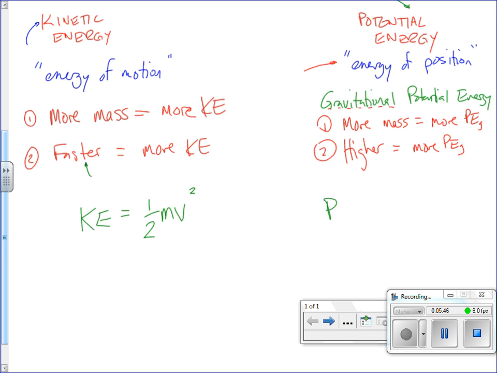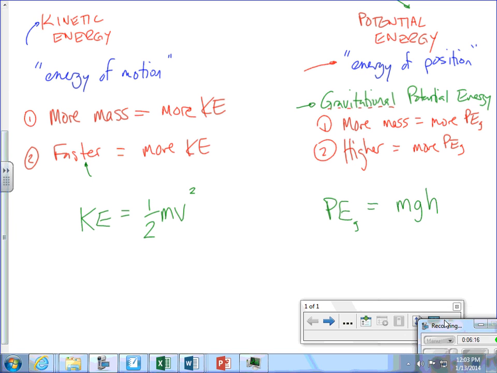We say that PE, with a little subscript G there for gravitational, well, deals with m, and h, well, and g. Because, right, it's about gravitational potential energy. So we use acceleration due to gravity. Or, what you've heard me say before, this is actually gravitational field strength. Little g is the same thing. Gravitational field strength and/or gravitational acceleration. Okay?